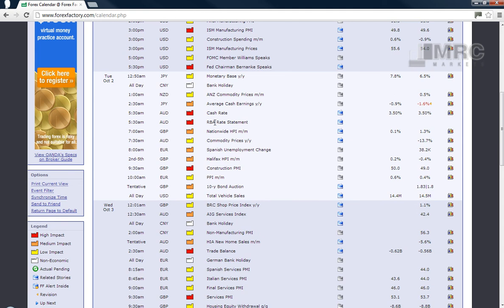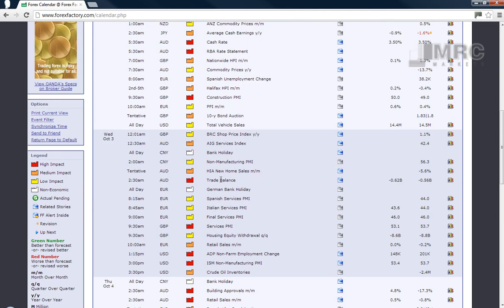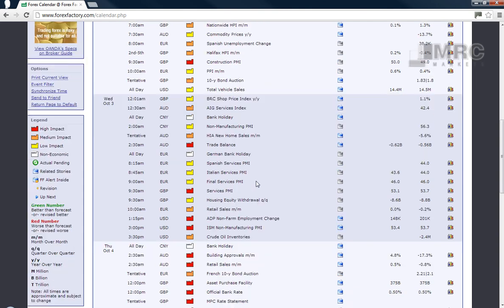Tomorrow we have some Aussie data out in the Asia session. At 9:30, some more UK data. The construction PMI forecast at 50.0 from a better number from the previous 49.0. On Wednesday, there's some more Aussie data, the trade balance at 2:30 a.m. 9:30, more UK data, the UK services PMI, forecast at 53.1 from the previous 53.7.